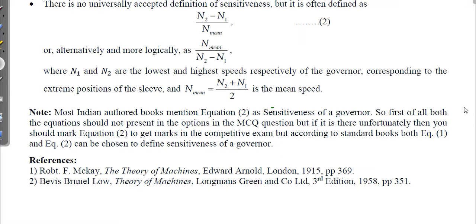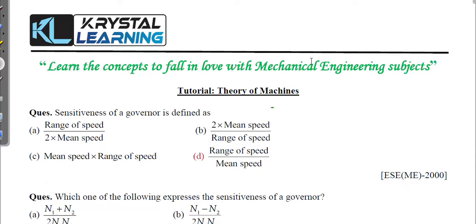That is equation number 2. I hope the confusion is now clear, because most of the students have asked this, that what must be the formula, range of speed or mean of speed. So now I hope that you have absolute knowledge of the sensitiveness of governor, that which formula you have to use and which one is right or both are right.